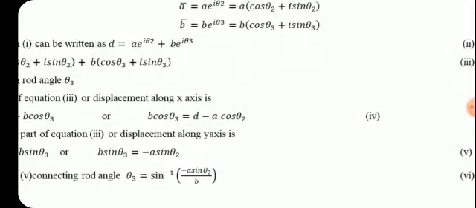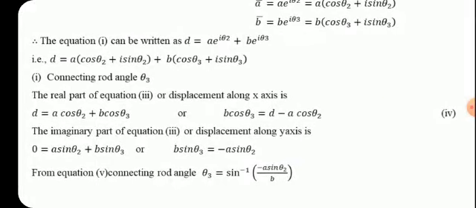Now, connecting rod angle is equal to theta 3. The equation 1 can be written as D is equal to A e to the power of i theta 2 plus B e to the power of i theta 3. Now, same thing, D can be written as A into cos theta 2 plus i sin theta 2 plus B into cos theta 3 plus i sin theta 3.